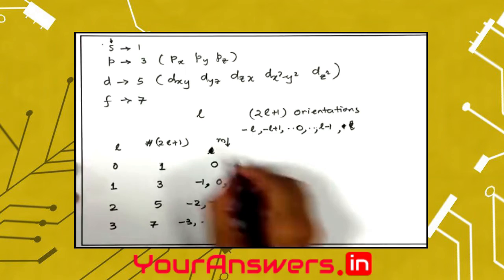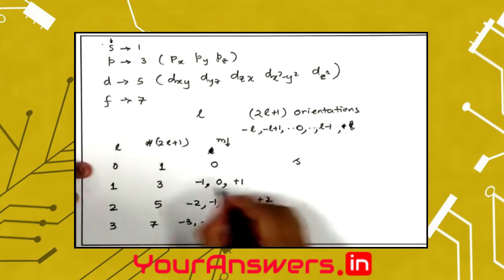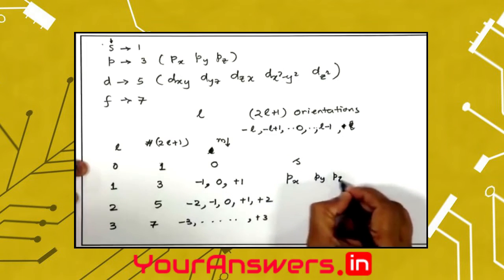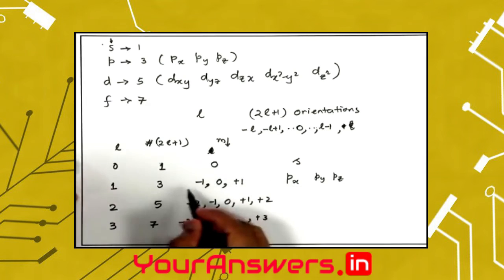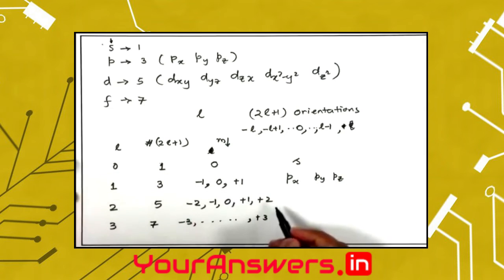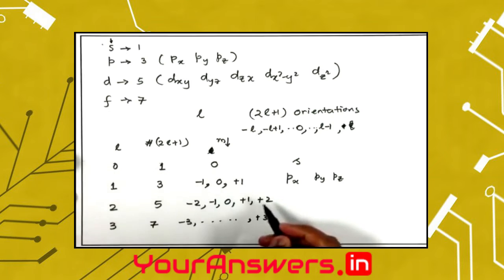When L is 0, we just call it s. When L is 1, we call them px, py or pz, but please note that you cannot say that minus 1 corresponds to px or 0 corresponds to py or plus 1 corresponds to pz. They have a relation, but their relation is slightly complicated.